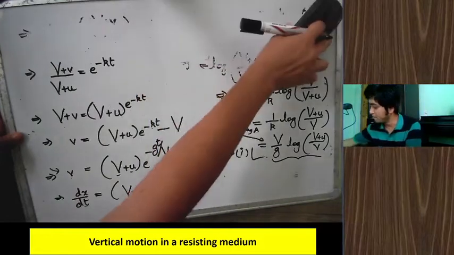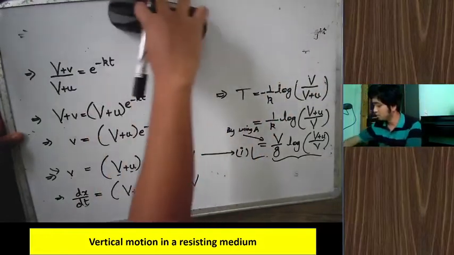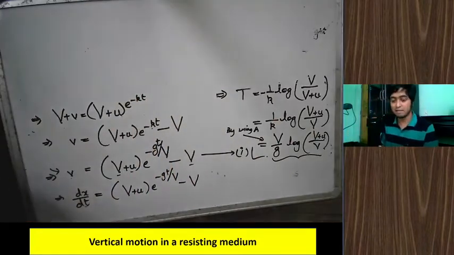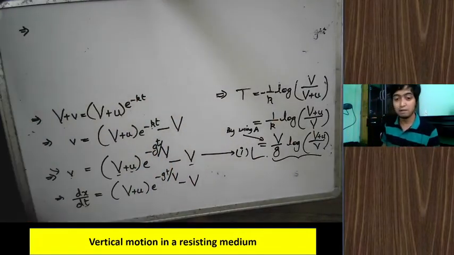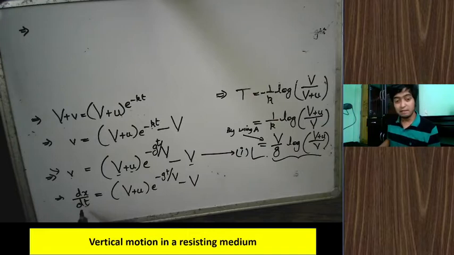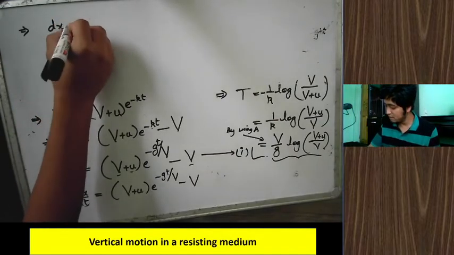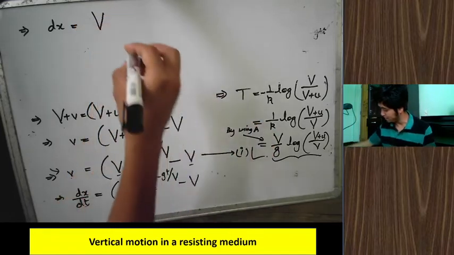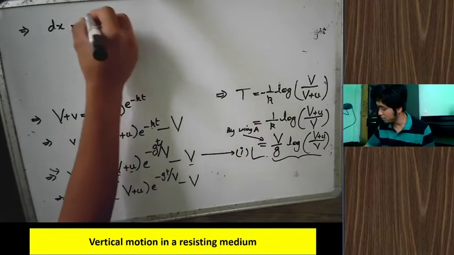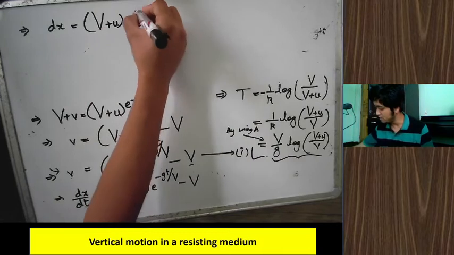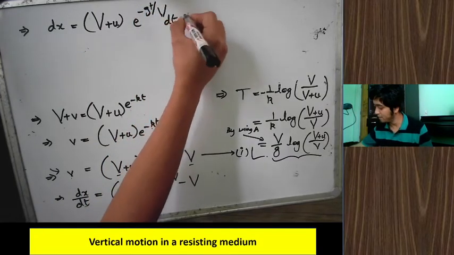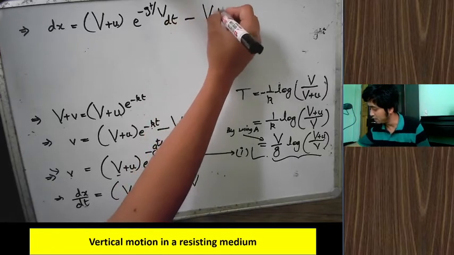Next, we can separate the variables. Actually, I will write it directly: dx equals (V plus u) e to the minus gt by capital V dt minus V dt.